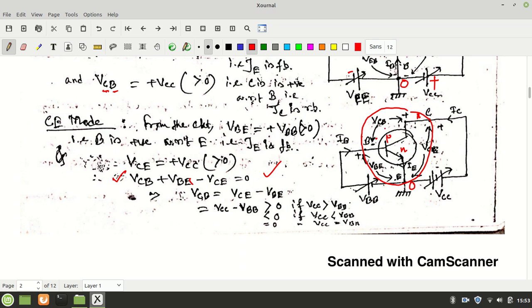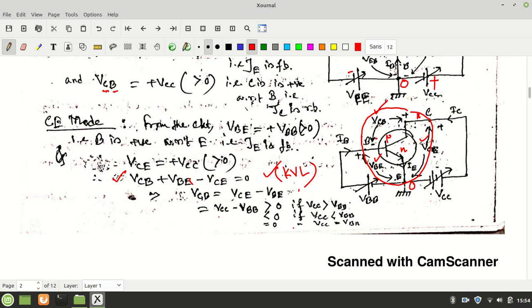So three potentials are there, VCB, VB and VCE. The algebraic sum of them will be 0 according to KVL. So this will give you VCB is equal to VC minus VB. So VC is VCC and VB is VBB.